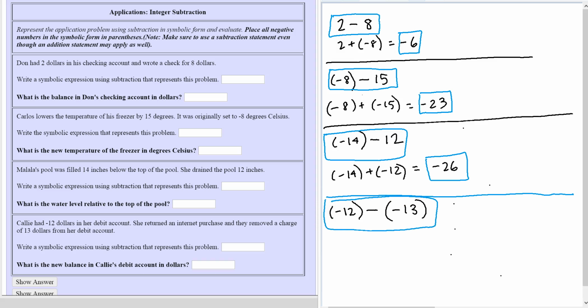But it really shows, I think, the idea of why subtracting a negative is the same as adding the positive. So when we compute this, we'll rewrite this with addition. Negative 12, subtracting a negative is the same as adding 13, which means we'll have $1 in her account. Okay, so removing money that they had taken away is the same as adding that same amount of money.